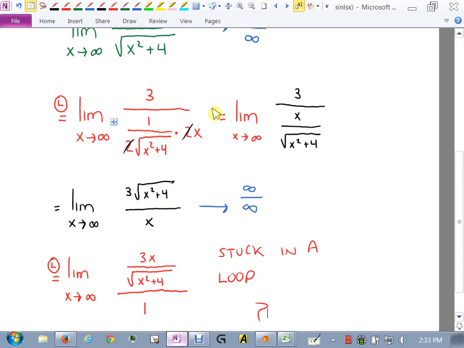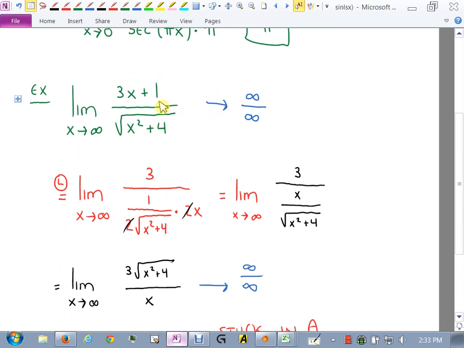I will answer the question in a second. No. Sometimes it's tough with L'Hopital because sometimes you can, and it'll eventually happen. What I would hope you would notice here is the first time you did it, you had a linear expression over a square root of a quadratic.